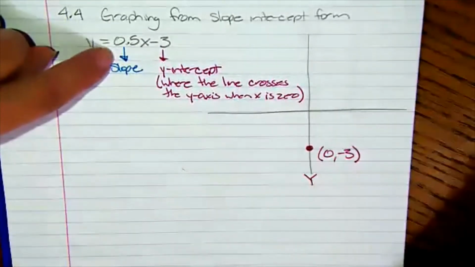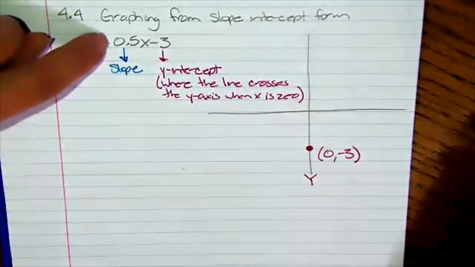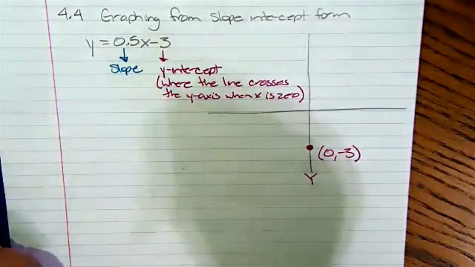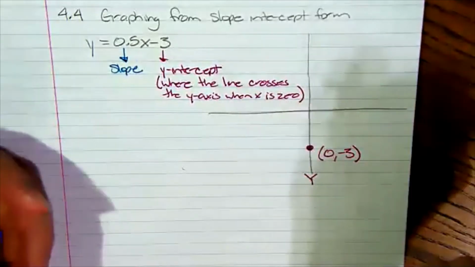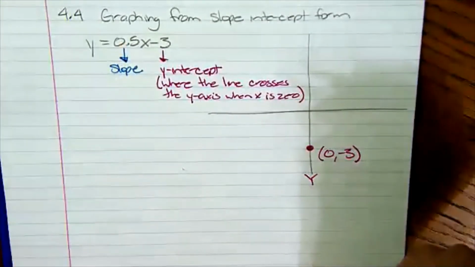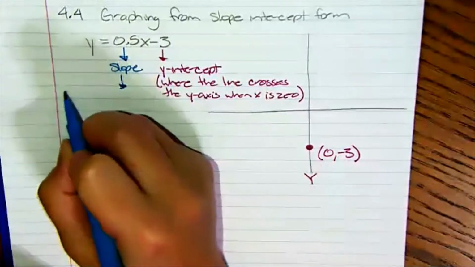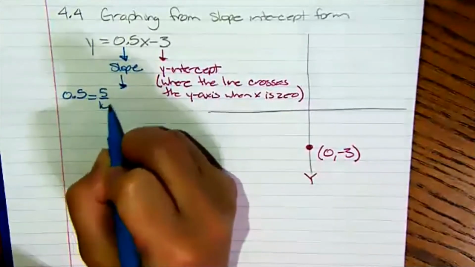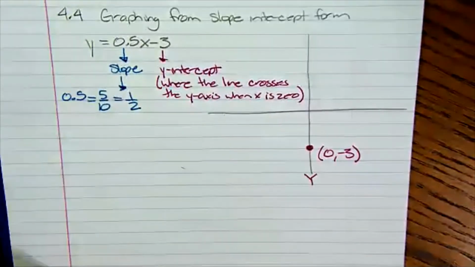Now, I take a look at my slope. My slope is positive, which means it's going to go up. But we like slope to be in rise over run format, and this is a decimal. So we can do a couple of things. 0.5 is equal to 5/10, which is equal to 1/2.